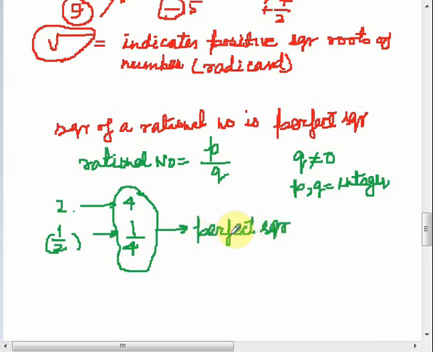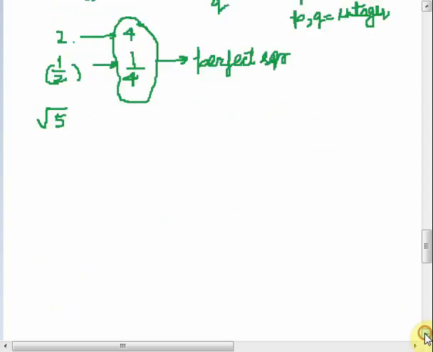Right. If our number is not a perfect square, then suppose our number is root 5. 5 is not a perfect square.